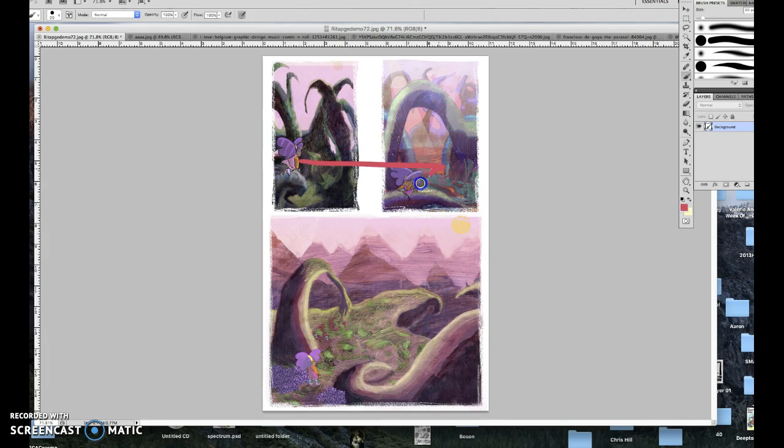So 1, 2, and here's my third one. Here's Rita looking off in the distance and the sun right there, right? But what happens here is that the tree trunk comes from that side. So what I'm doing is leading the reader to the next page. So compose in 3 and create a triangle for your page.